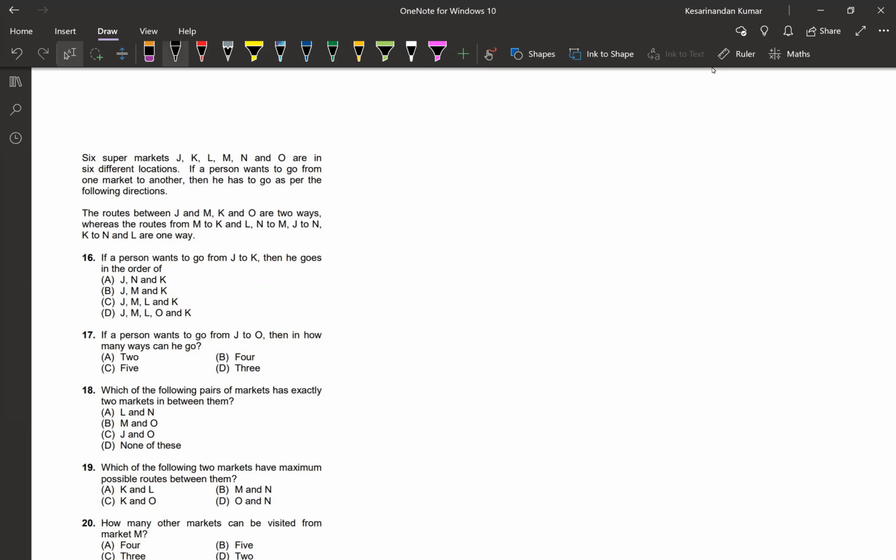The ideal thing whenever such things come up is to just mark them J, K, L, M, N, and O. If a person wants to go from one market to another, then he has to go as per the following directions. The routes between J and M, K and O are two ways. You can go in both the directions.